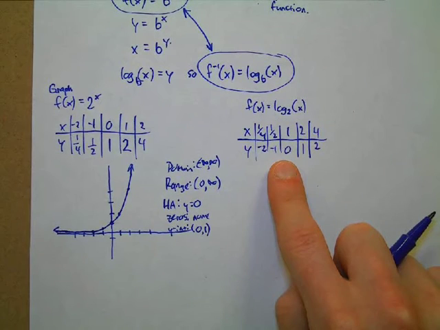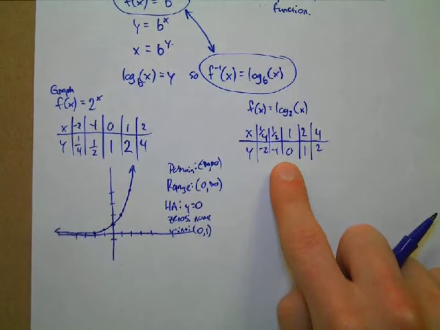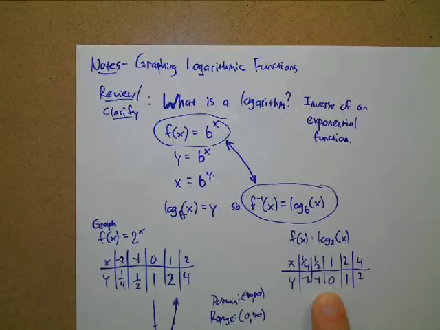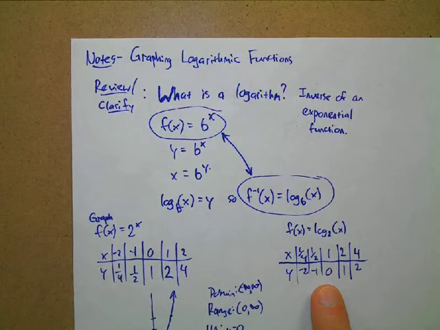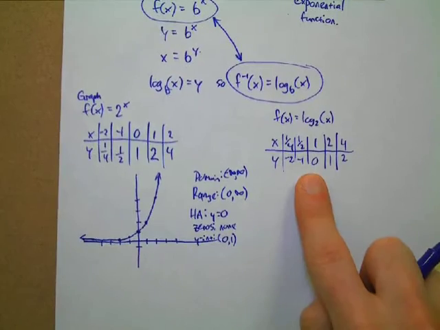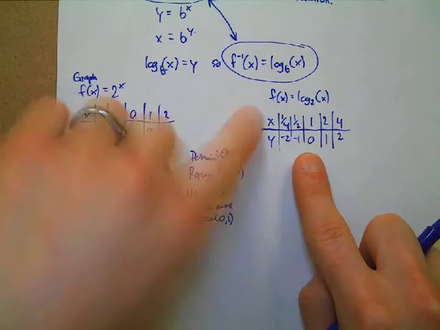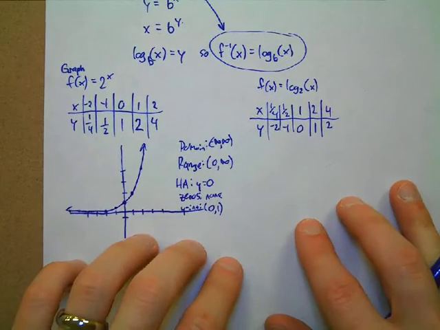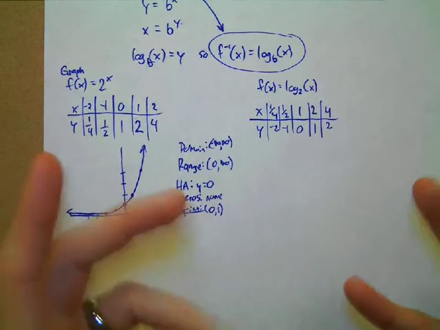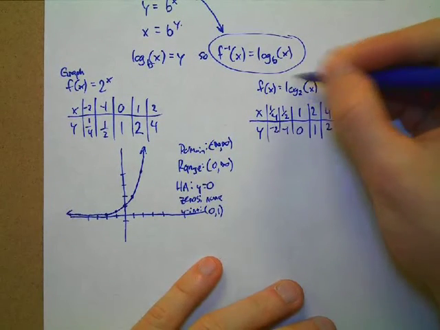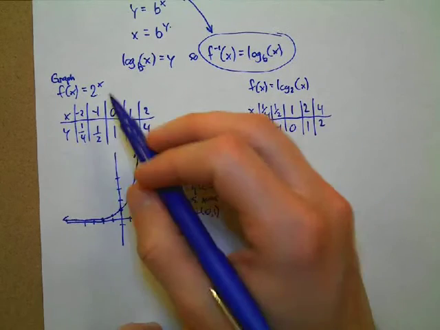Now wait a minute. Inverses, how do we get an inverse? What's the first step we do when we try and find an inverse? Swap the x and y's, right? And these two functions are inverses, and look, the x's and y's are swapped. So if you want to graph log base 2 of x, think about how you might graph 2 to the x.